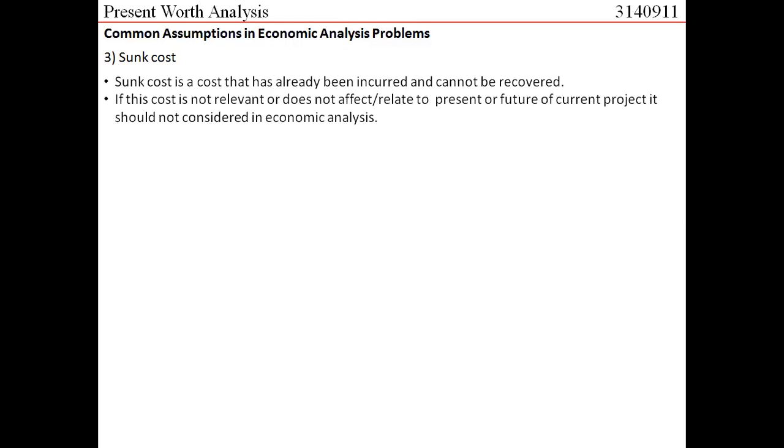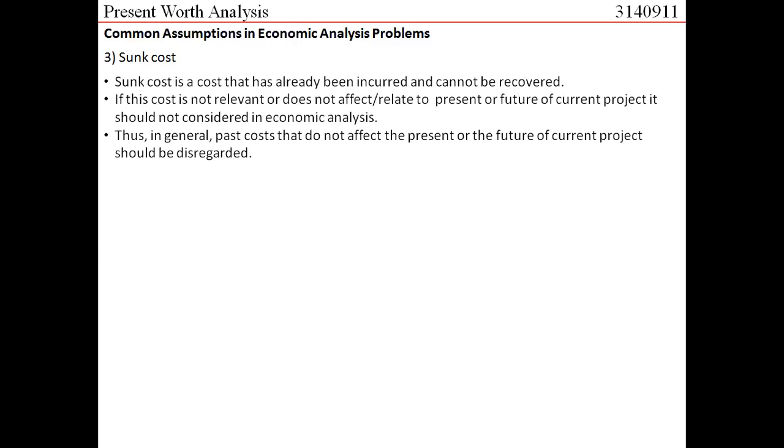If the cost which we have already spent is not relevant to or does not affect the present project, then it should not be considered in the economic analysis. The point is that past costs that do not affect the present or future of the current project should be disregarded.